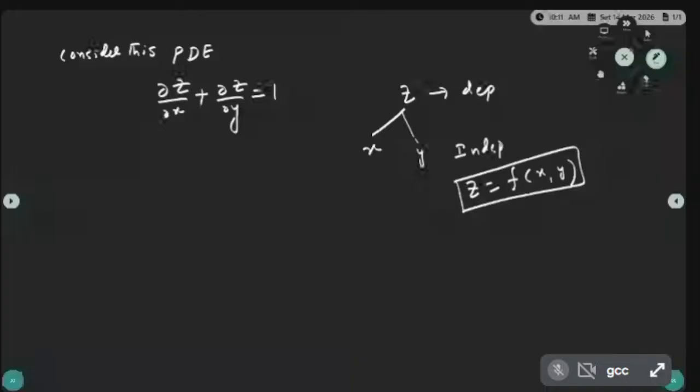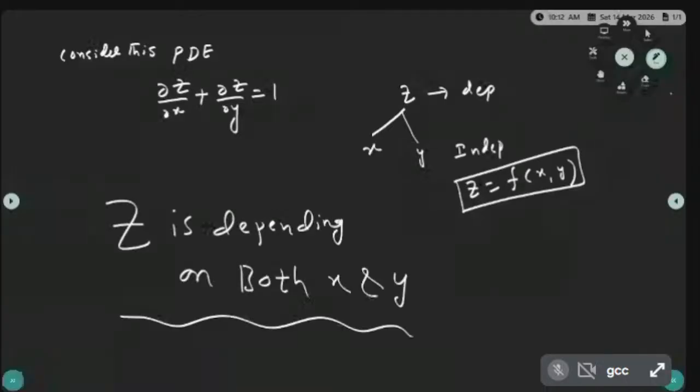both x and y. This statement is very crucial. All of you, can you please repeat this statement? Z is depending on both x and y.